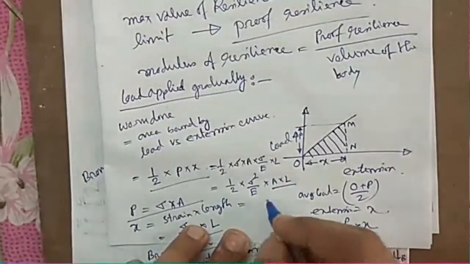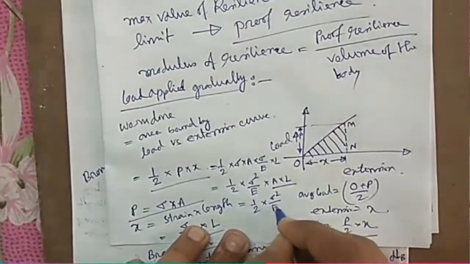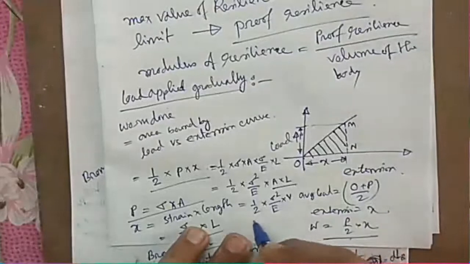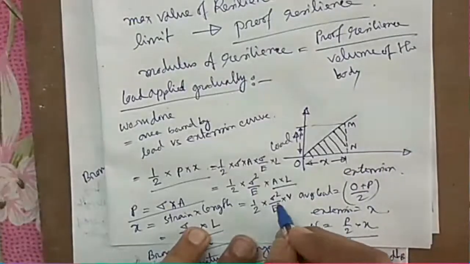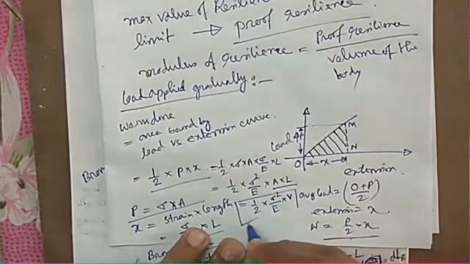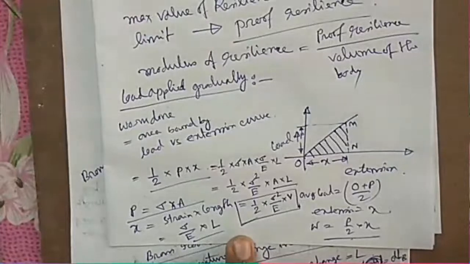So it becomes half into sigma square by E into V. This becomes the expression for strain energy that is stored inside an object.